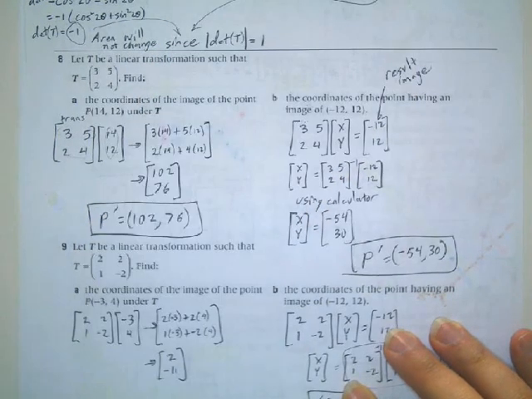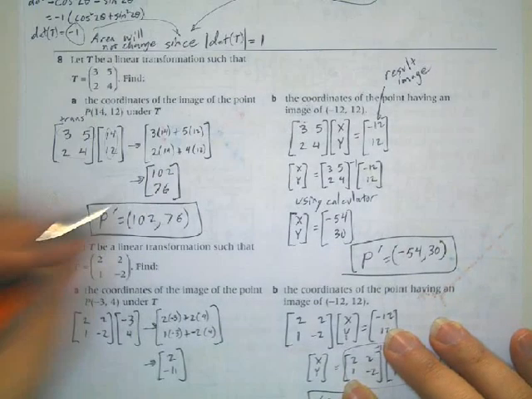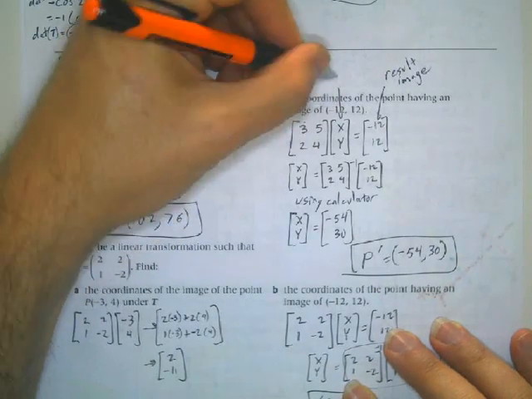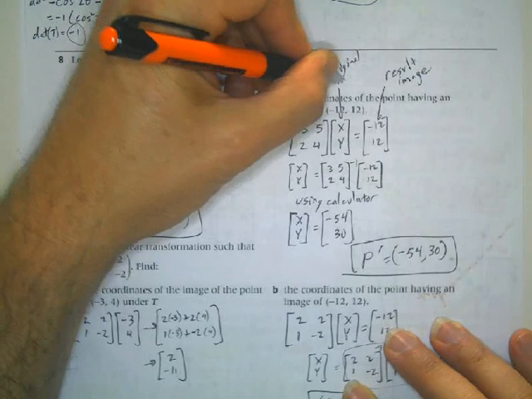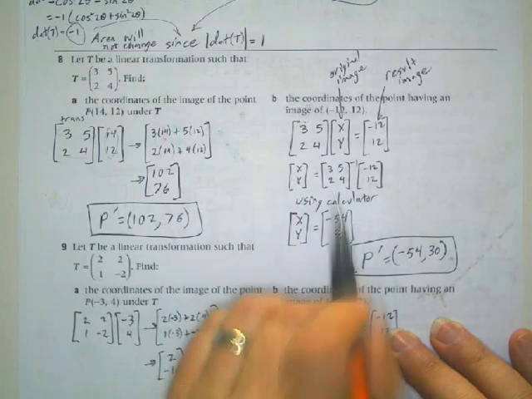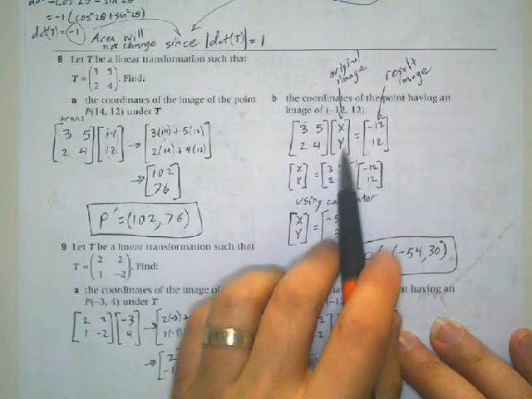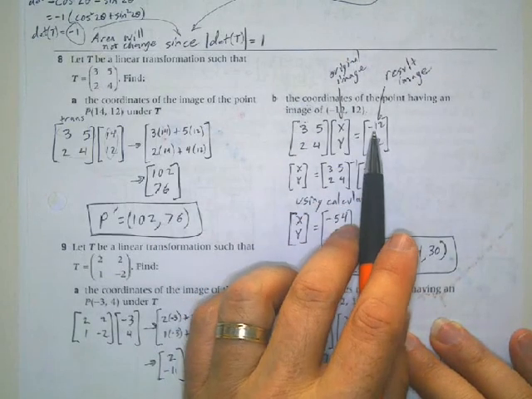and we want to find the original image. Okay, the original image, we don't know. The result image is negative 12, 12.